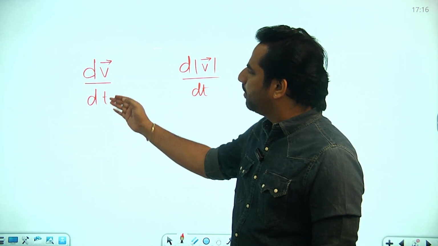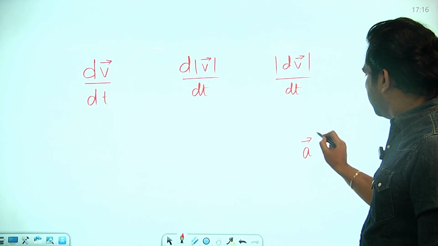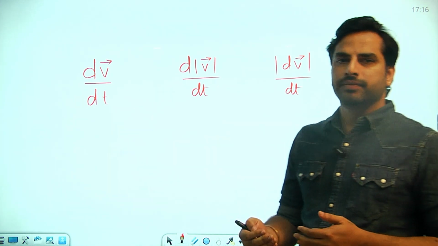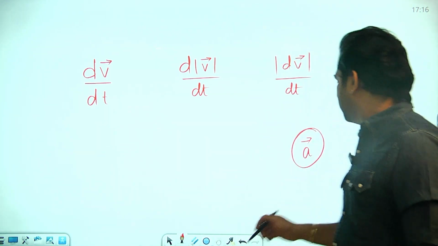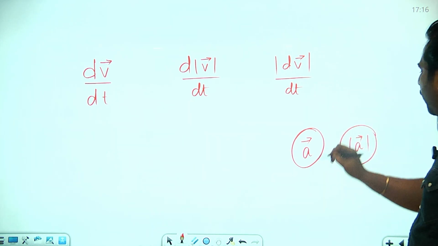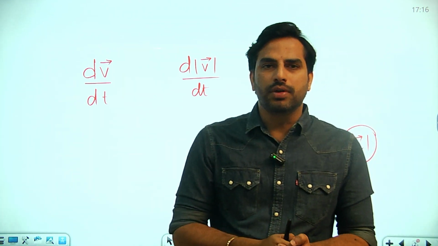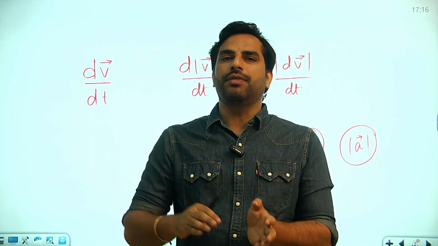So, dv bar by dt. If you have any vector a bar, it means it has got a magnitude as well as direction. The magnitude of the vector is represented with the symbol modulus. The modulus operator is used to talk about the magnitude of a vector.